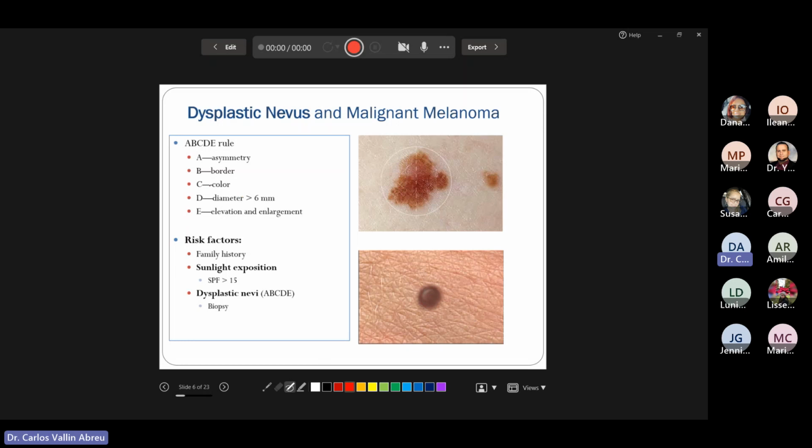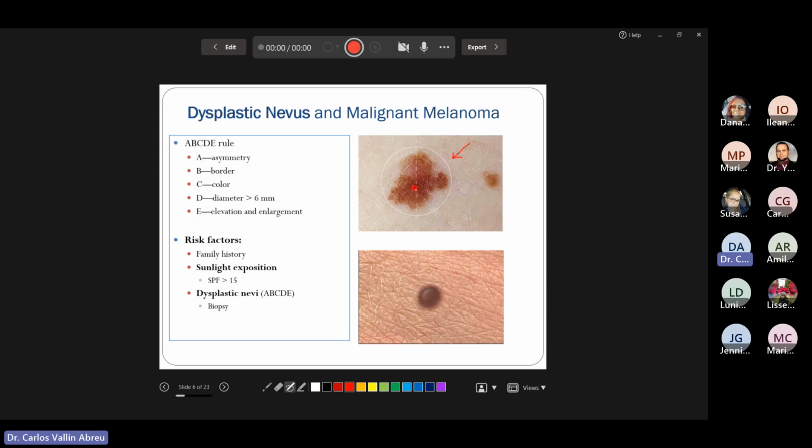The C stands for color. It's not important which color it is. It can be brown, black, red, white, any color. But what is important is the way the color is distributed in the lesion. As you notice in this malignant lesion, the color is distributed very irregularly.